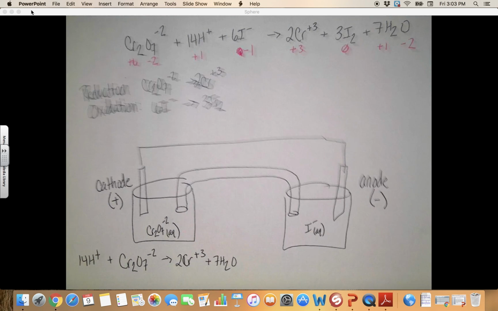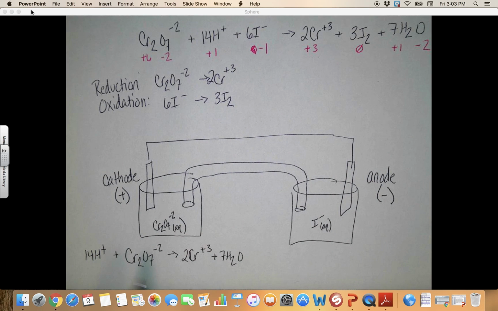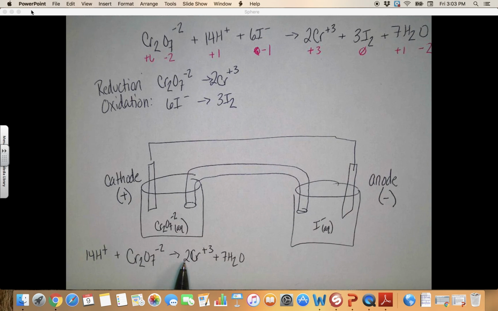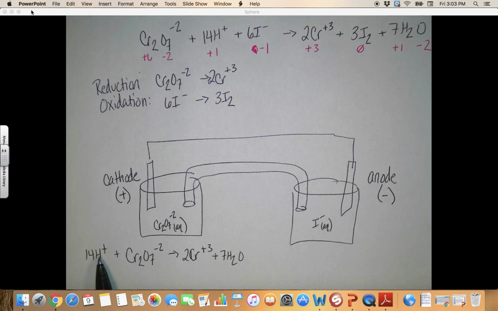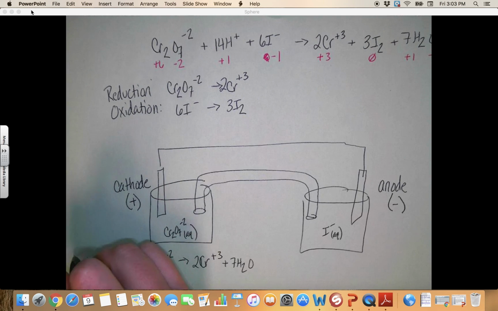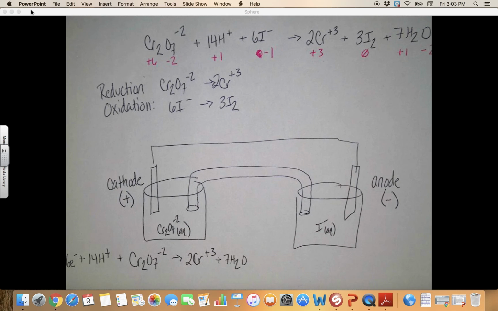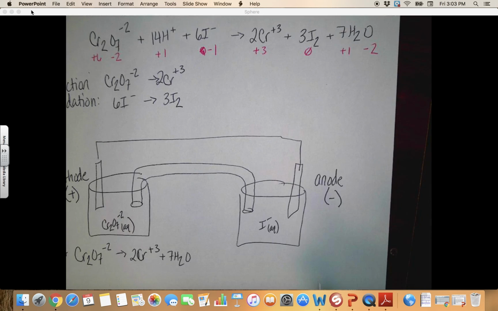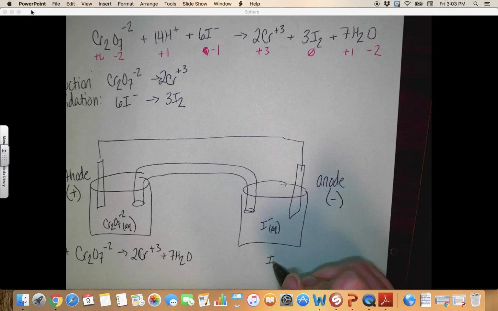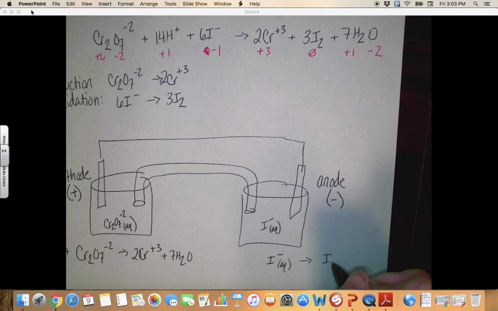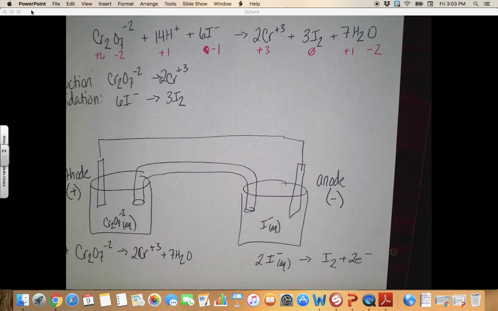And because this is a half reaction, we are going to have our electrons in here. So I've got 2 times +3, so that's +6. And then I've got a +12 over here, so I'm going to add in 6 electrons. And over here, I have iodide forming iodine. So I'm going to have 2 of those and then plus 2 electrons.